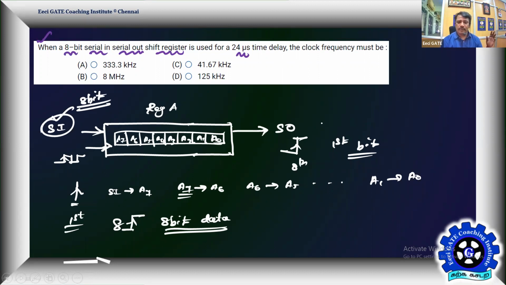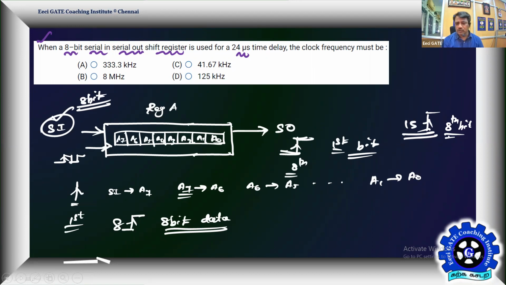To get the rest of the bits out, you have the remaining 7 bits only. So 8 plus 7 is 15 ticks. At the 15th clock, it will output the last bit. So the first bit comes at the 8th clock and the 8th bit at the 15th clock. Now the entire data is available at the serial output.